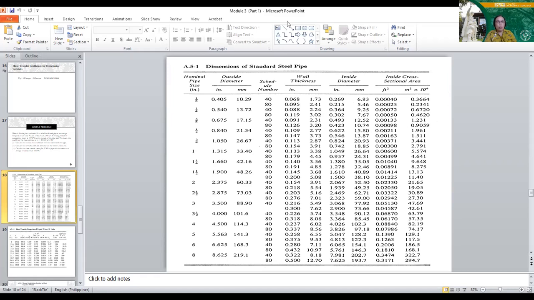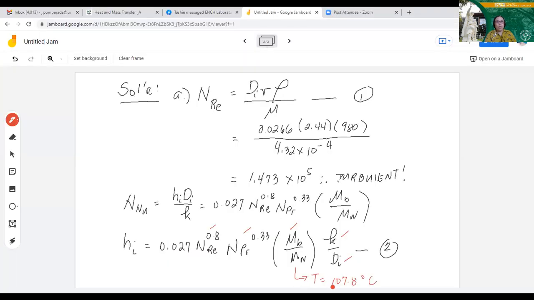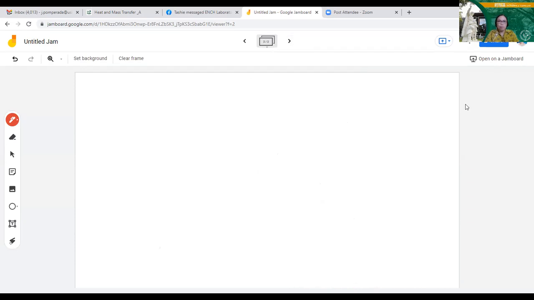So I'd like to go back to our Jamboard. So actually, in the process, class, you assume two things. You first assume that your wall temperature is 107.8 degrees Celsius, but in getting the viscosity at this particular wall temperature, you will get this one.